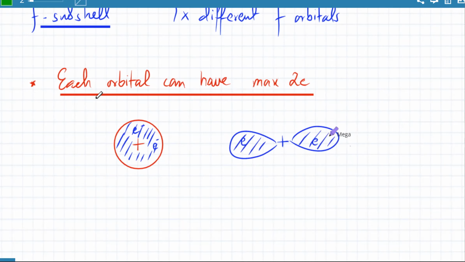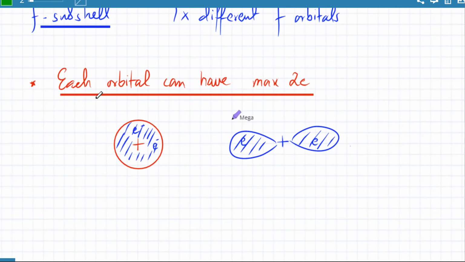It doesn't mean that there's 1 electron over here and 1 electron over here. What that just means is that the negative charge, which is 1.6 times 10 power minus 19 coulombs, अगर 2 होंगे तो double हो जाएगा, तो 3.2 into 10 power minus 19 coulombs. That negative charge would be distributed in this space. So maximum 2 electrons in a single orbital.